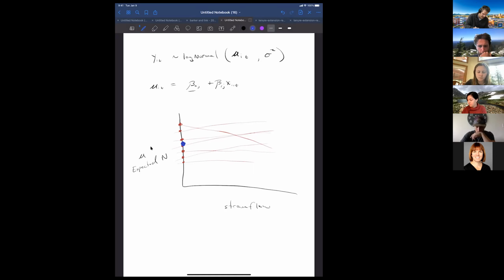So maybe we have an overall average slope that looks something like this that describes everything in general. What we're going to be trying to do is figure out what the distribution of the intercepts are and what the distribution of the slopes are.